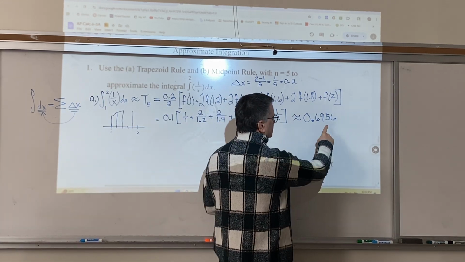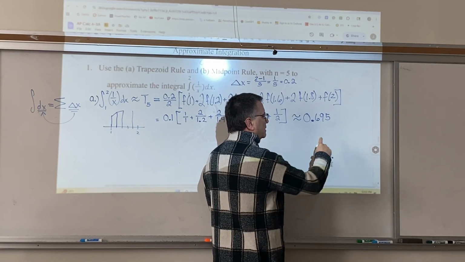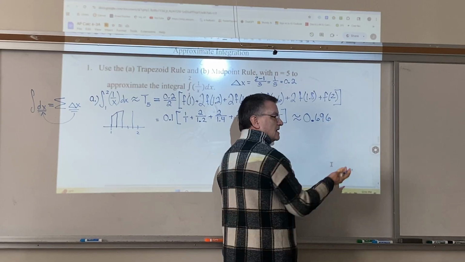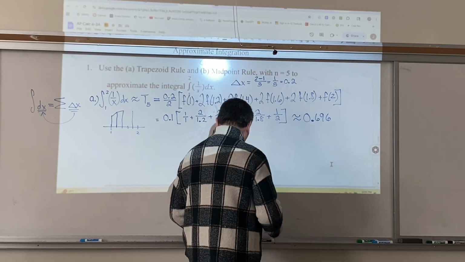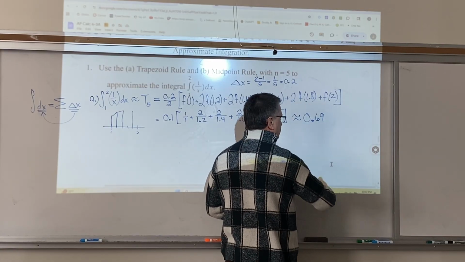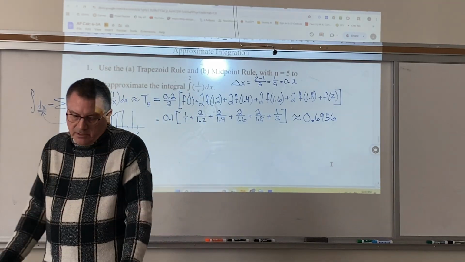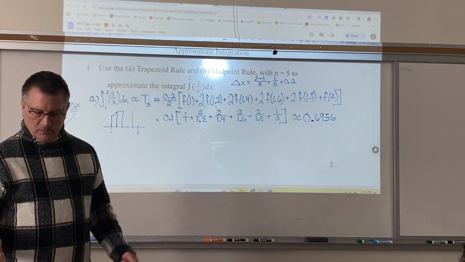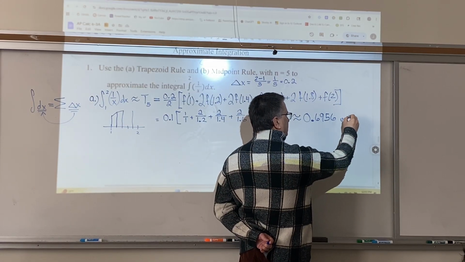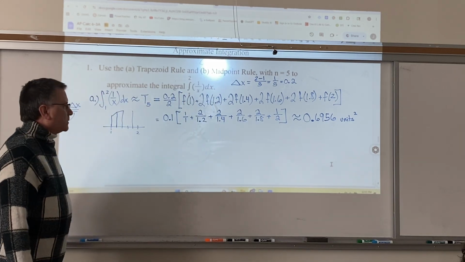Sometimes they can truncate it, so if you said 0.695, that's fine. If you said 0.696, that's fine. I don't like the truncating, but they'll take it. They figure by the third decimal place. And that's in square units, or they give you centimeters or meters or something. Okay, so that's the trapezoid.